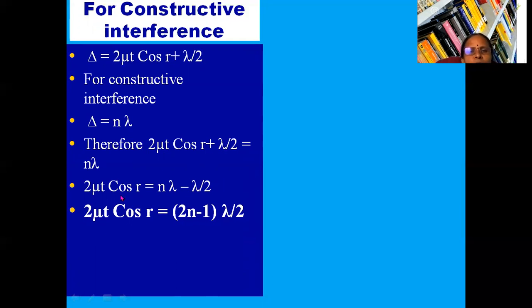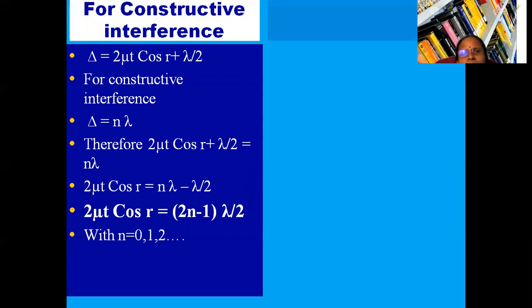So 2 mu T cos R is equal to 2n minus 1 into lambda by 2. This is the condition for constructive interference to take place in the case of the thin film, with n equal to 0, 1, 2, and so on.